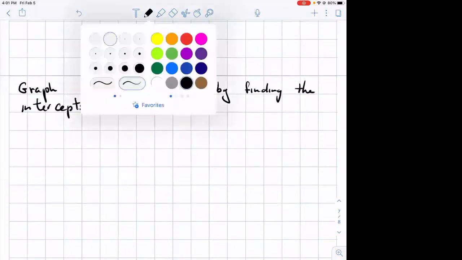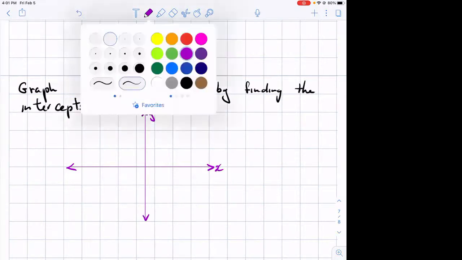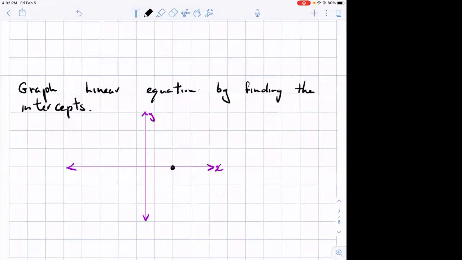Well, if we redraw the xy axis, there are two types of intercepts for linear equations in graphing. There is what is called the x-intercept, and the x-intercept is a point on the x-axis. So this point here is called an x-intercept.